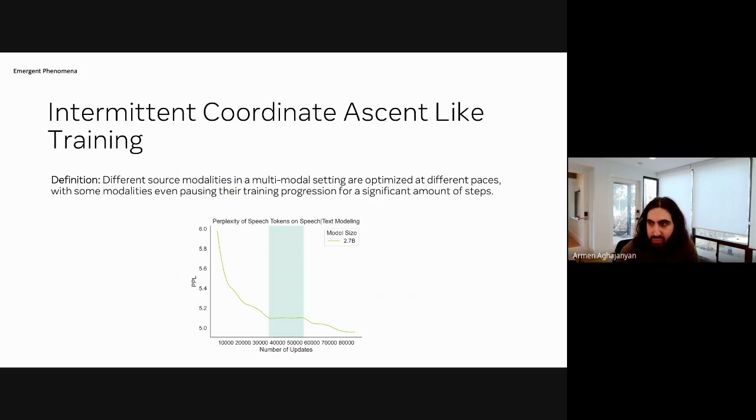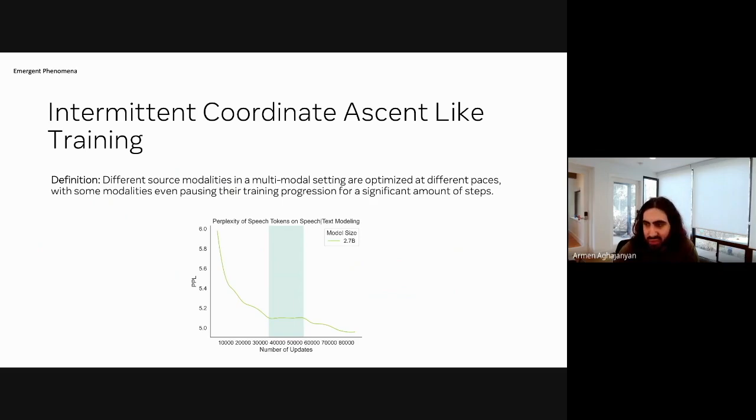For some non-trivial period of time, the loss flatlines for a specific modality. Different source modalities are optimized at different paces. For example, when we were training on speech and text modalities together, for about 10,000 steps the perplexity on speech pretty much didn't improve at all, while the text perplexities were consistently, monotonically decreasing.